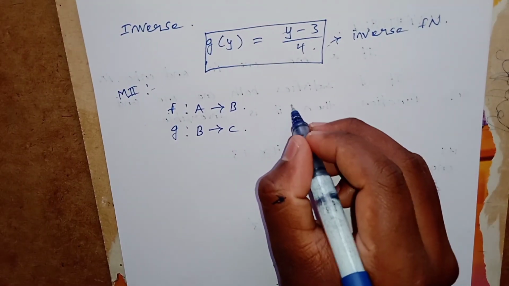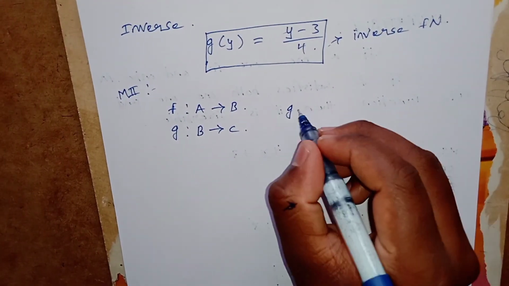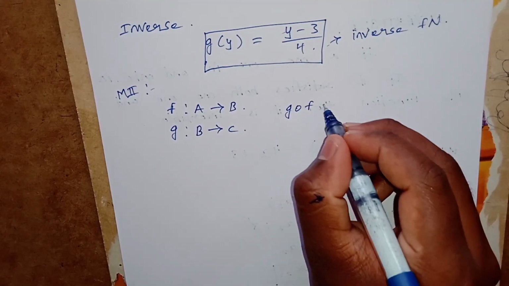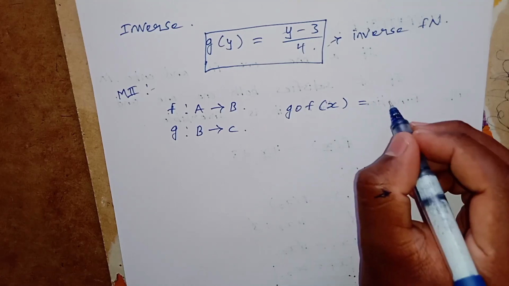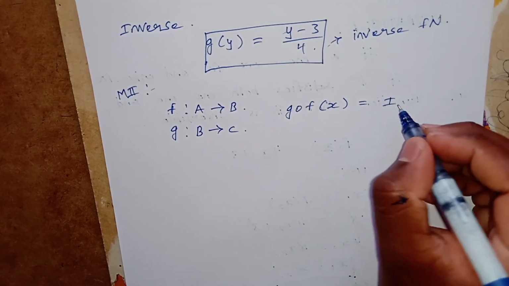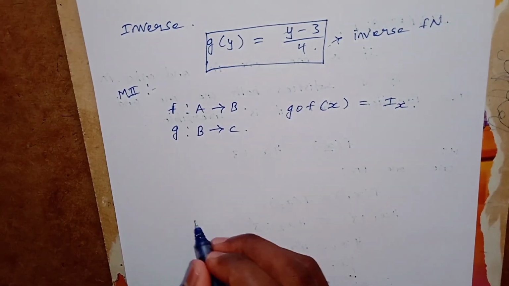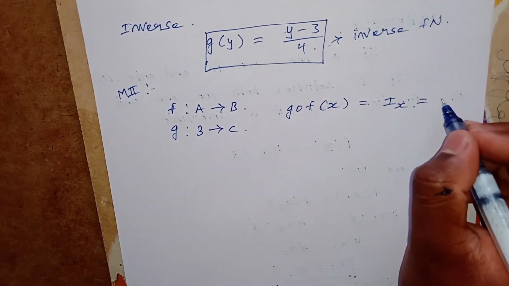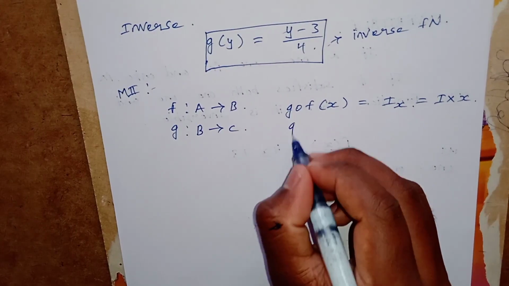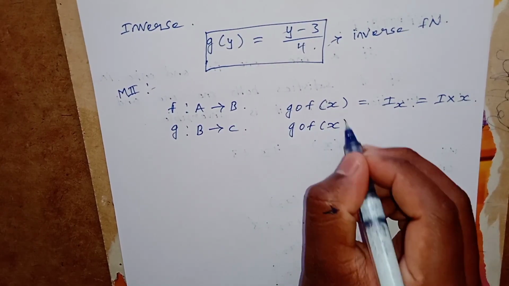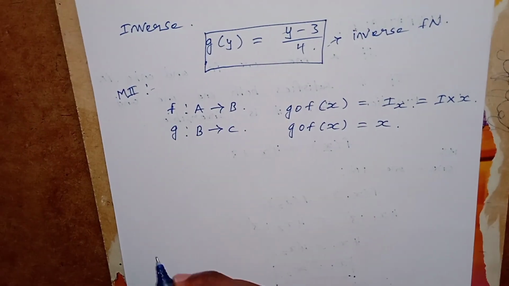Therefore, for finding g o f, g o f of x, you get the identity on x, that is nothing but I into x. Therefore, g o f of x equals x.